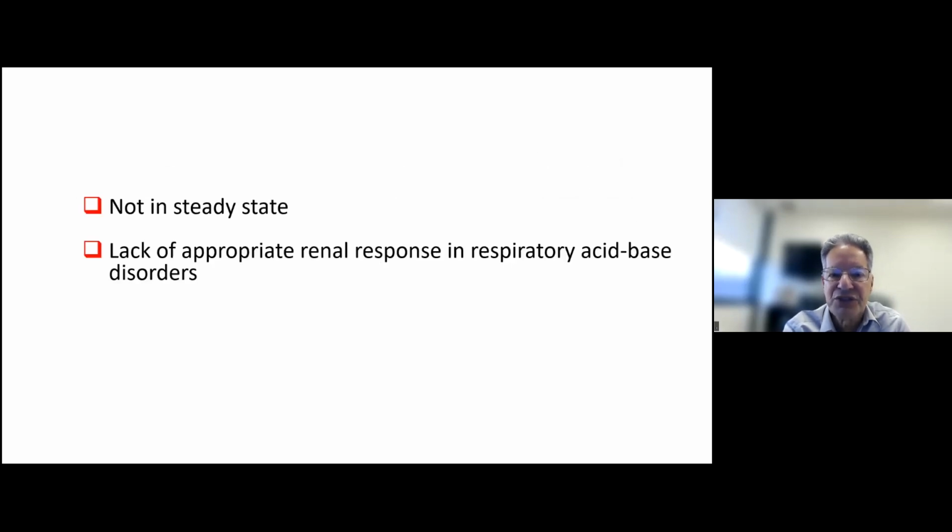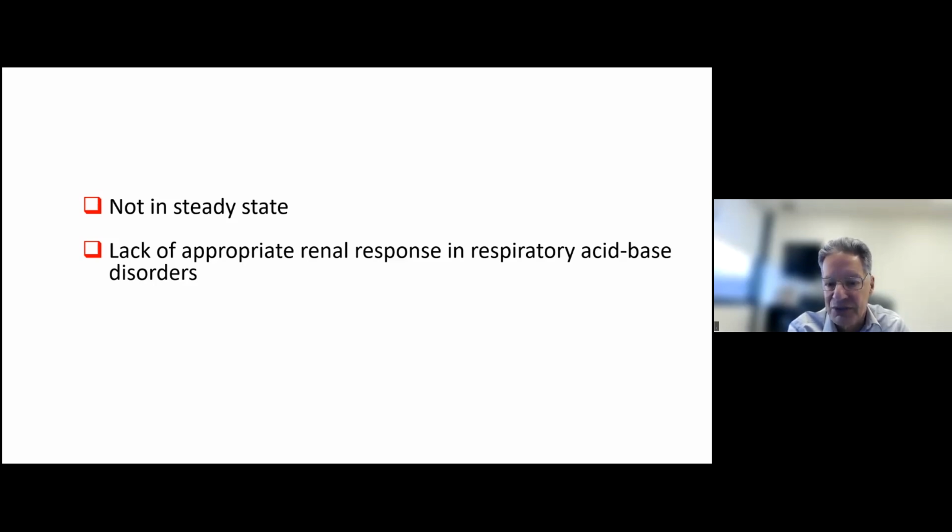So the cause of why it doesn't follow one of these 3 rules is either you're not in a steady state. And by steady state, remember always that the acid-base rules take time. The 6 acid-base rules that you memorize don't occur immediately. They each have their own time dependency. And if you haven't achieved enough time, you're called not being in a steady state.